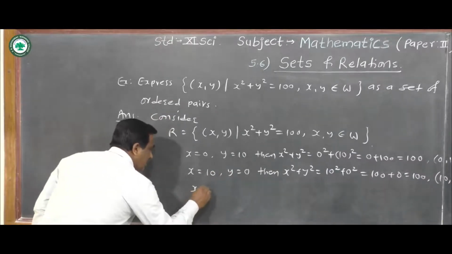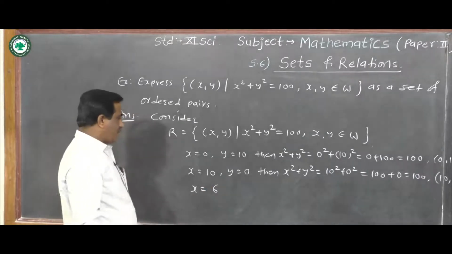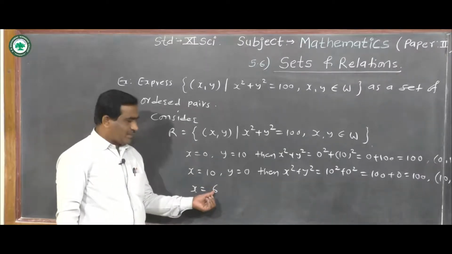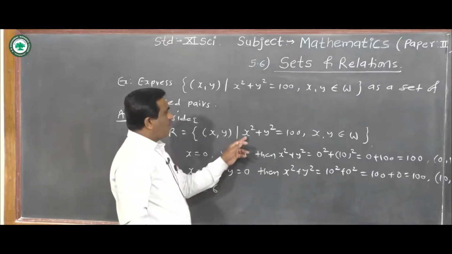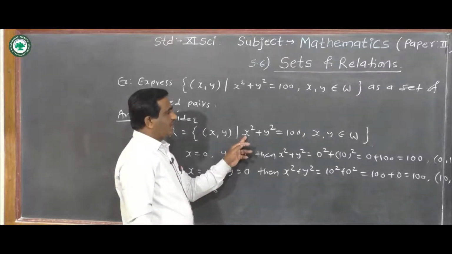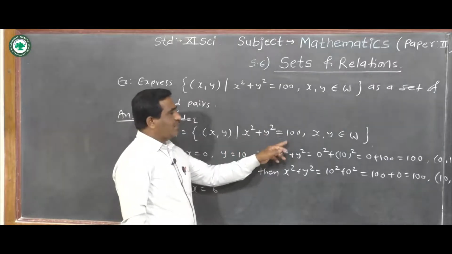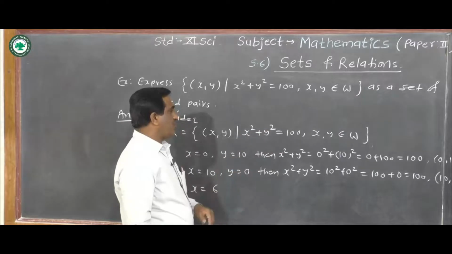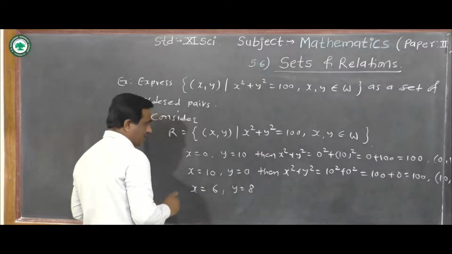Now we take the value of x as 6, and we know that 6 square is equal to 36. Putting x square as 36, y square is equal to 100 minus 36, that is 64, so y is equal to 8.